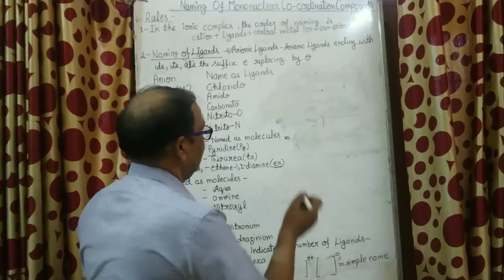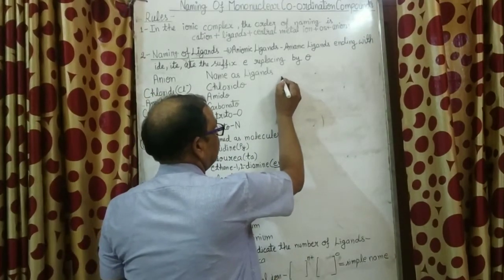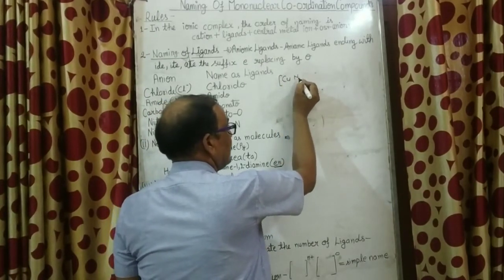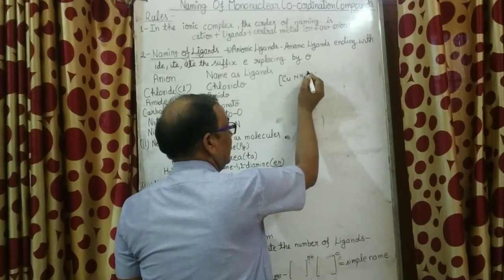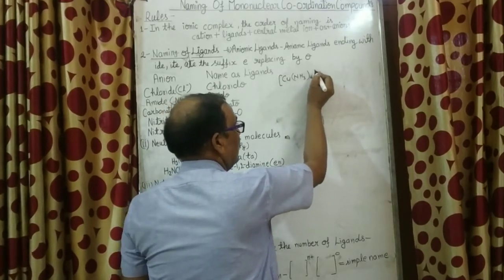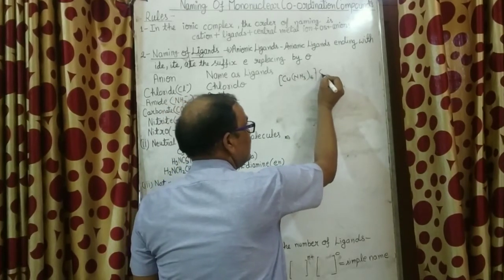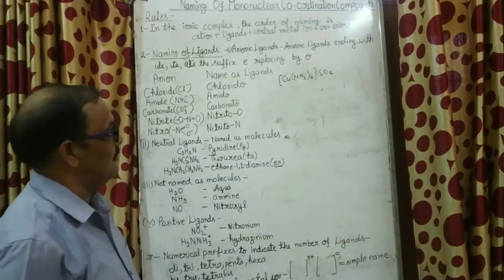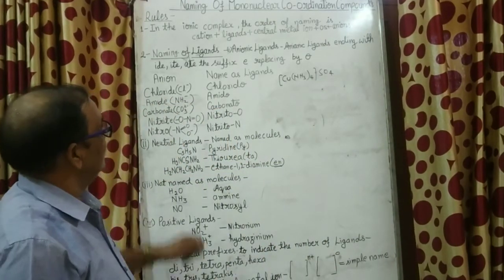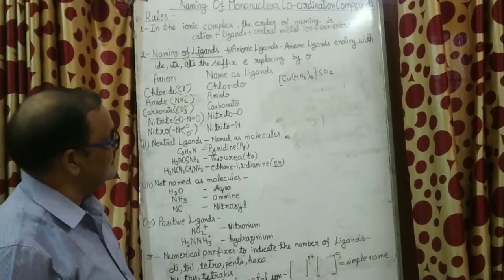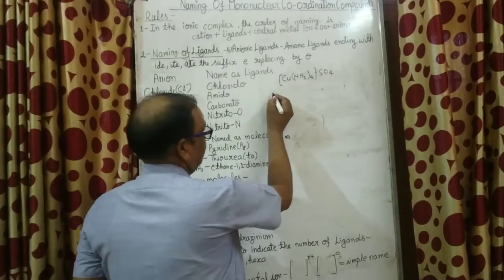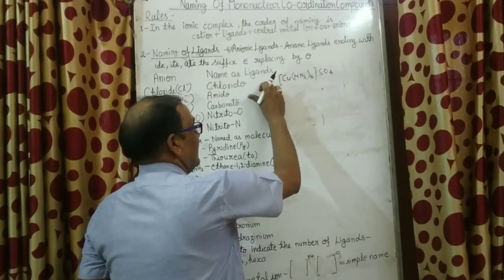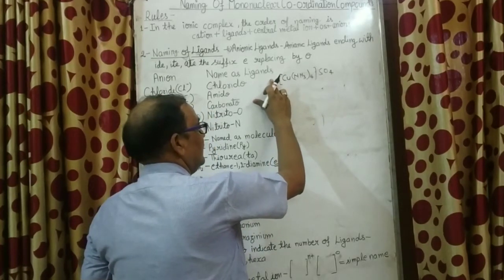For example, [Cu(NH3)4]SO4. How to write the name of this complex compound? According to these rules, first of all, there is no cationic counter ion.